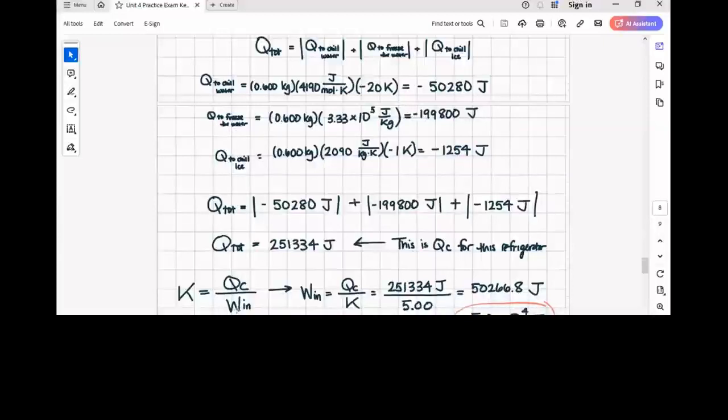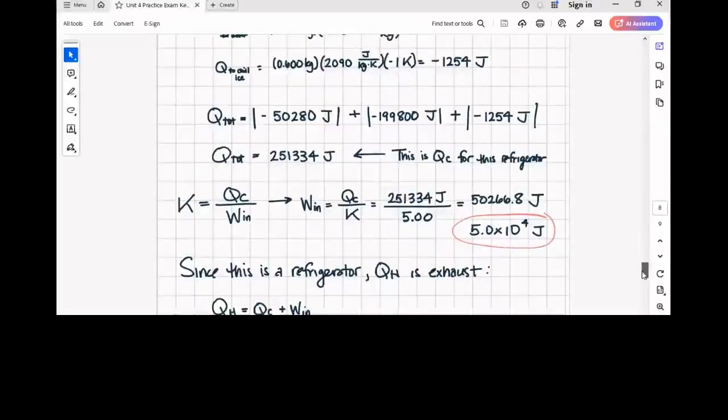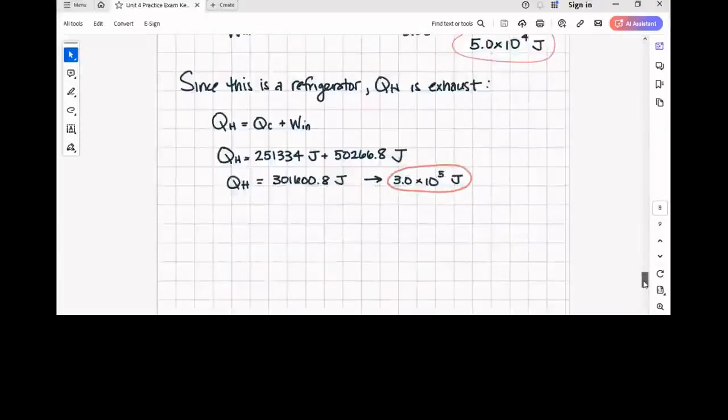And then the cost is now input work that you would have to provide, or realistically that the air compressor would have to provide. So solving this for the input work gives us the heat that the water has to lose divided by the coefficient of performance, and that gives us 50,266.8 joules, which we can express as 5.0 times 10 to the 4 joules.